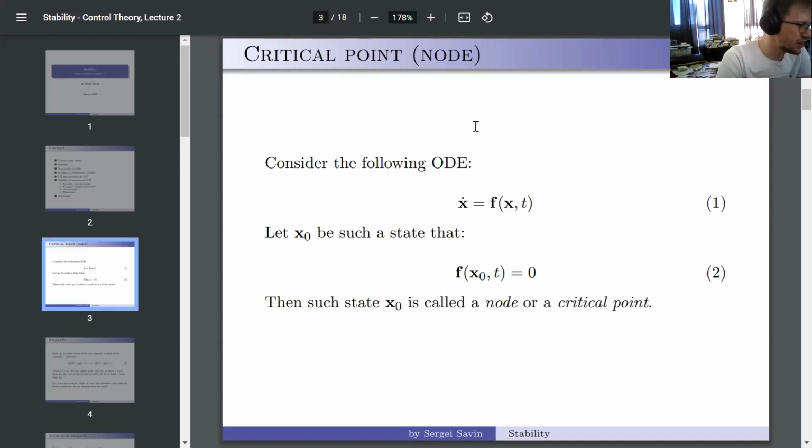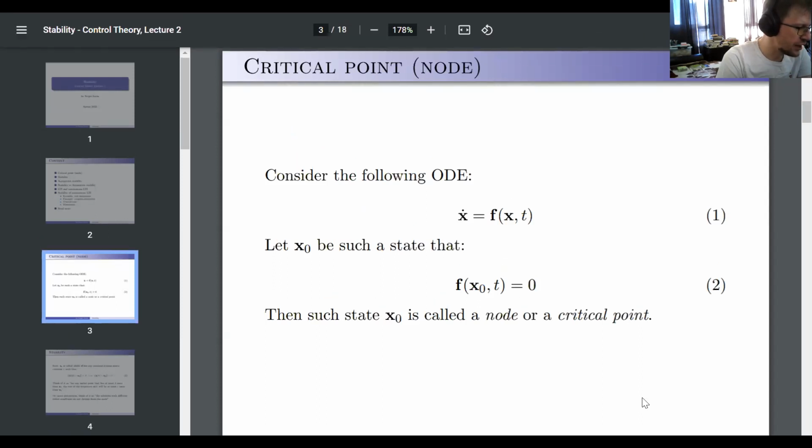First, before we can discuss stability, what we need to understand is the idea of a critical point. What is a critical point? Let me try to use the fact we are online to the good of our presentation.